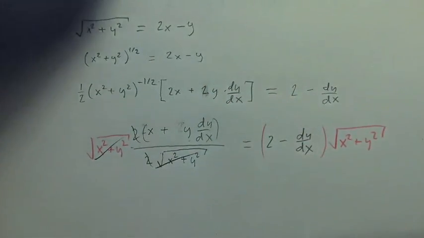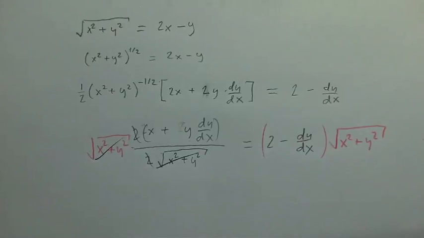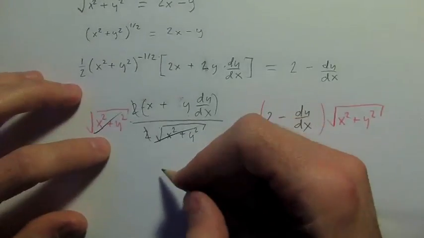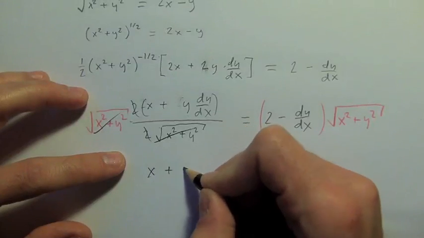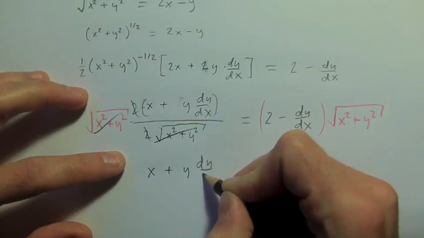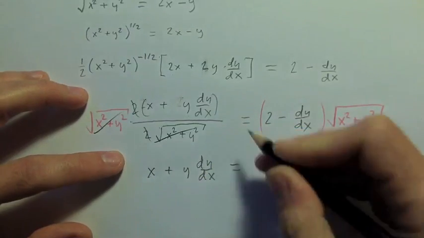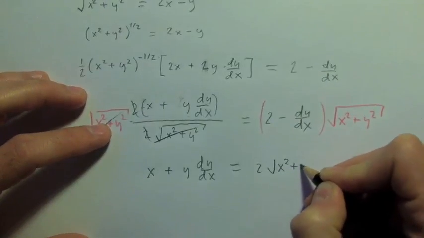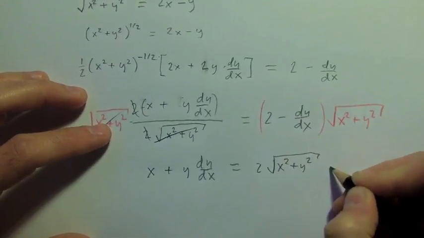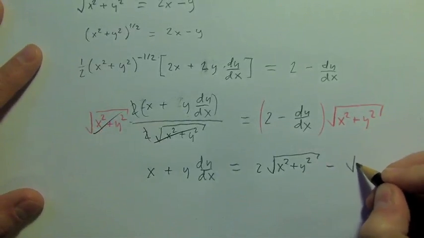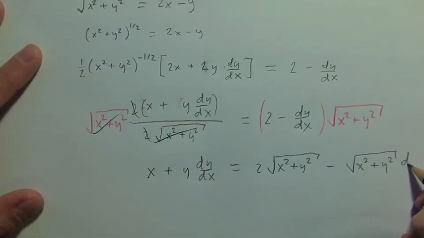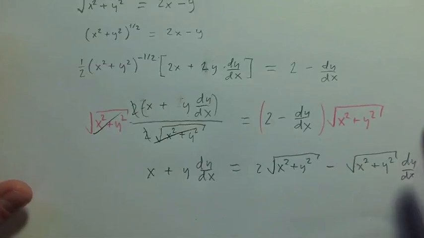So I don't have that square root of x squared plus y squared in the denominator anymore. I've gotten rid of all my fractions. So now it's going to be x plus y times dy over dx is equal to, when I distribute this, it will be 2 square root of x squared plus y squared minus x squared, square root of x squared plus y squared dy over dx.